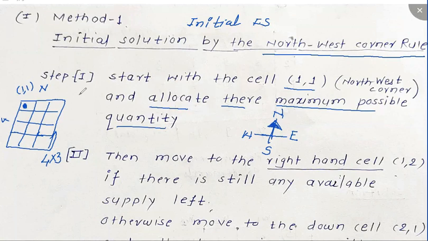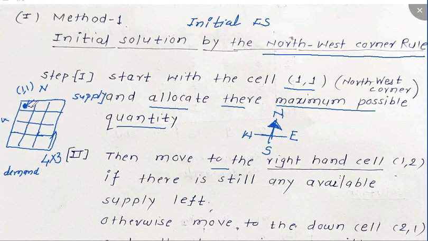So looking at the supply available and the demand, we allocate maximum possible quantity in this cell. Then move to the right hand cell. From this cell there are two possibilities.